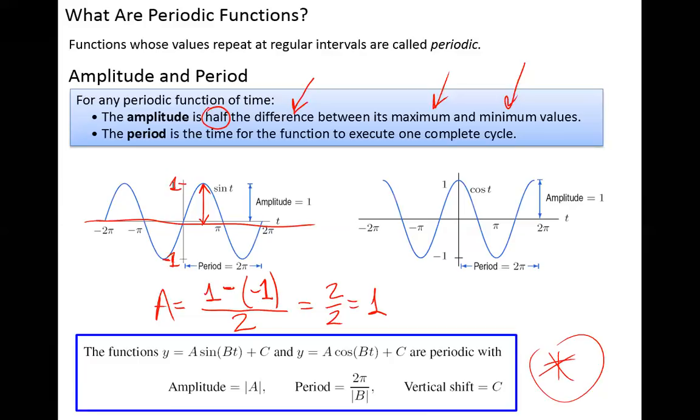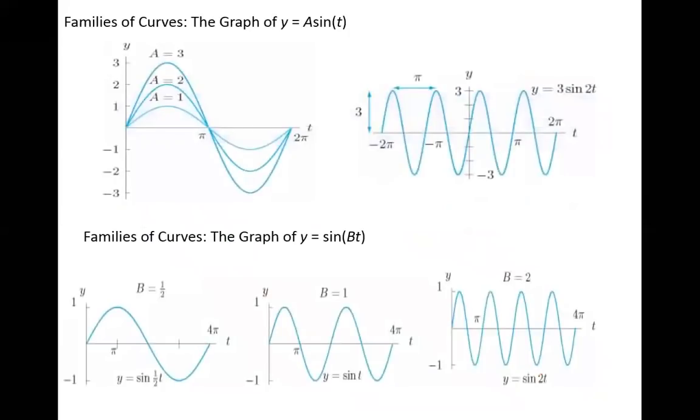It's good practice. Okay, let's see what we have. I copied from your textbook a few other functions that we can see. This is the amplitude. It's just 1. We multiply by 2, by 3, making the highest value and the lowest value bigger, and then we can squeeze the sine curve or cosine curve.